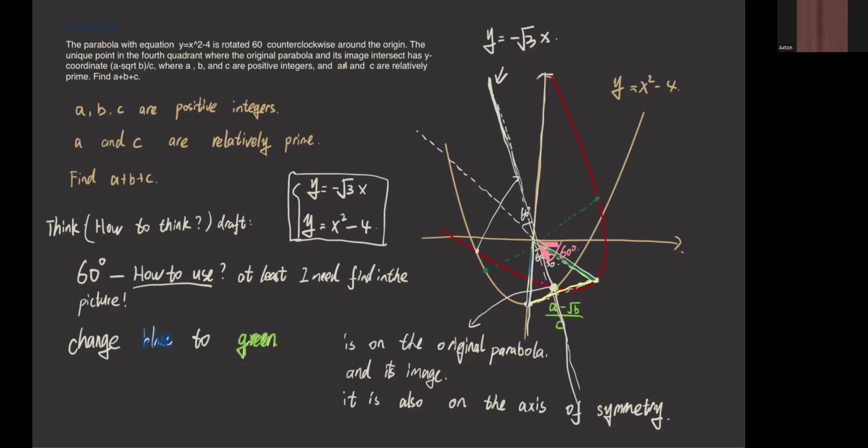So you can draw two of them. Let's plug in: x squared minus 4 is equal to negative square root of 3 times x. This time, I believe every student who took part in AIME could solve this.